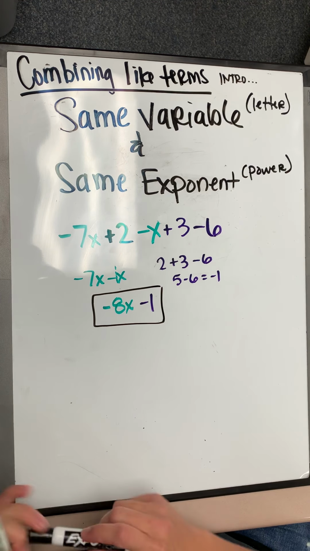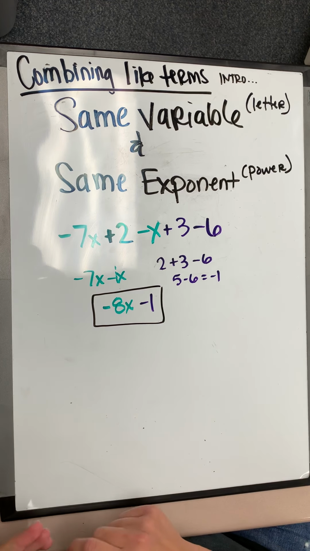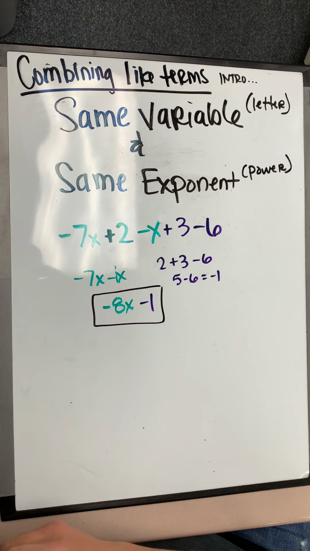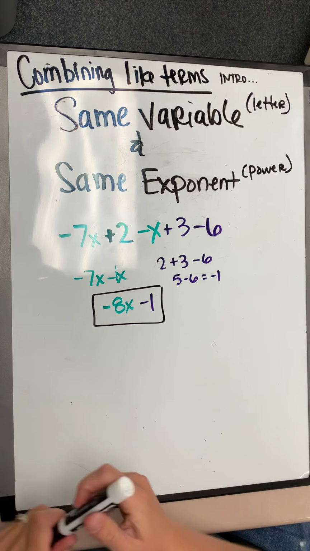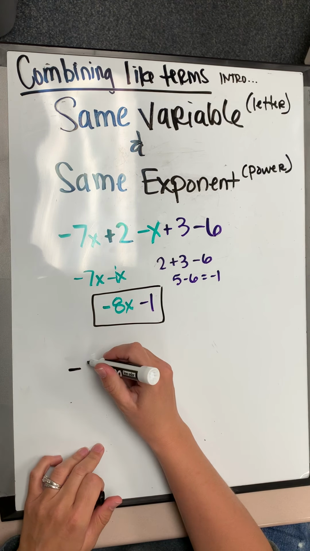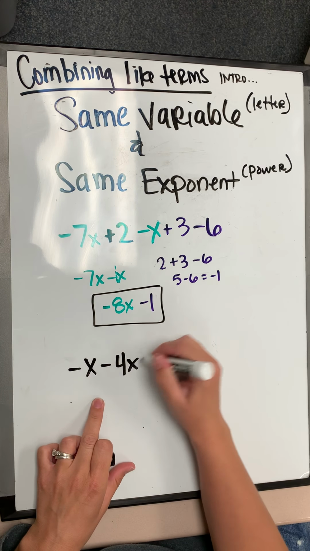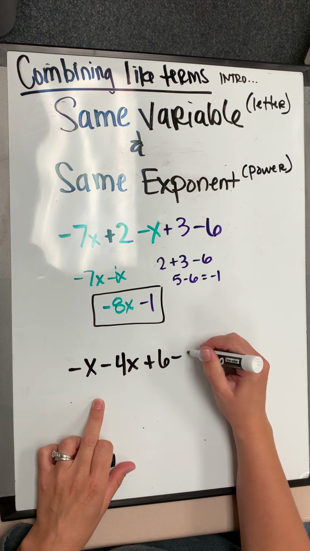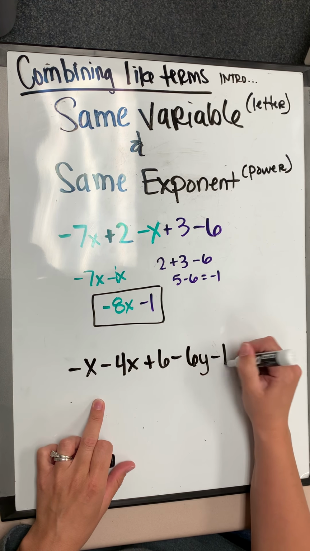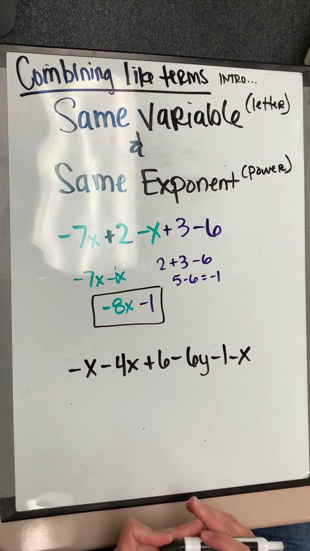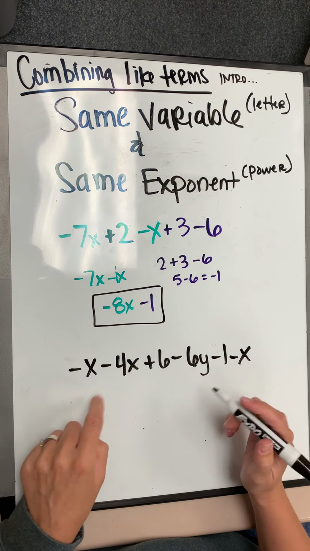All right, let's do another one. I won't color code this one so you guys can see kind of what I'm talking about. So if I have negative x minus 4x plus 6 minus 6y minus 1 minus x, you'll see, and sometimes I even like to box around it.